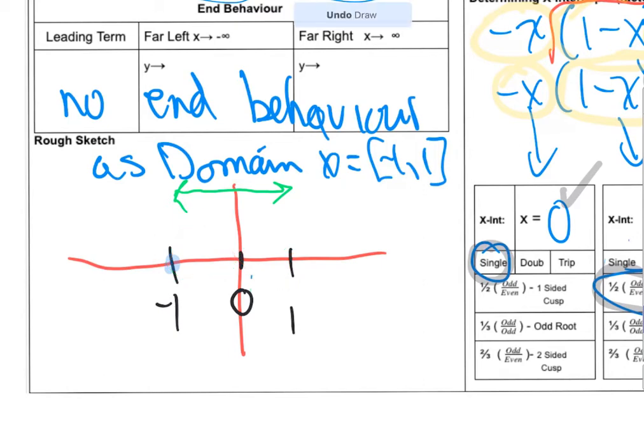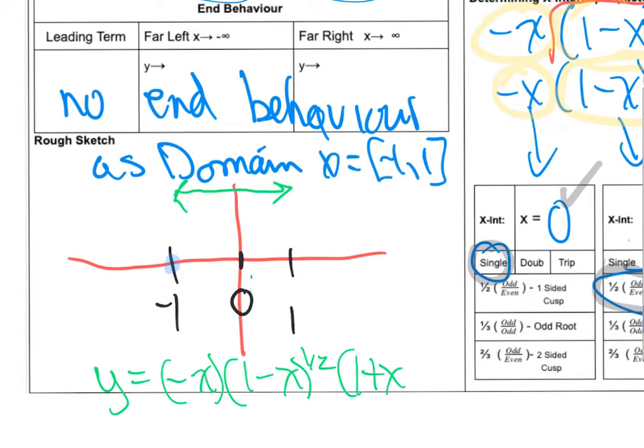Well, what you have to do is look at the equation. Y equals negative x multiplied by 1 minus x to the 1/2, 1 plus x to the 1/2. What do we know about these two factors because of the exponent 1/2? That those values always have to be positive or 0.